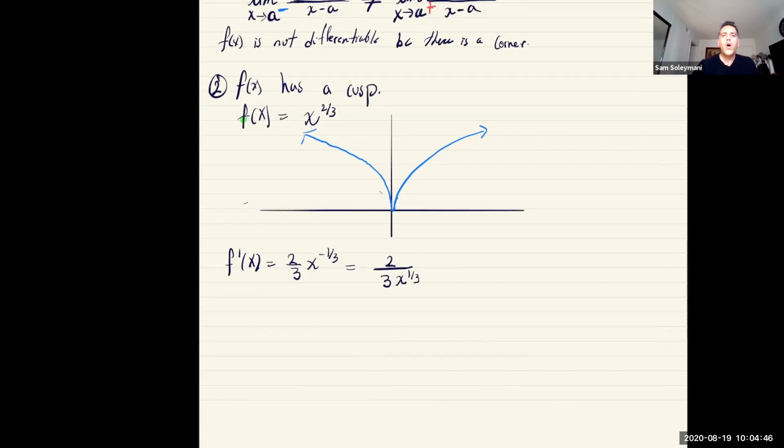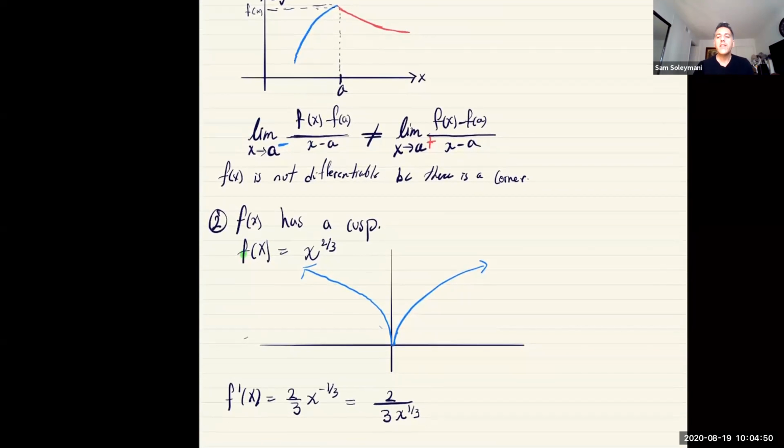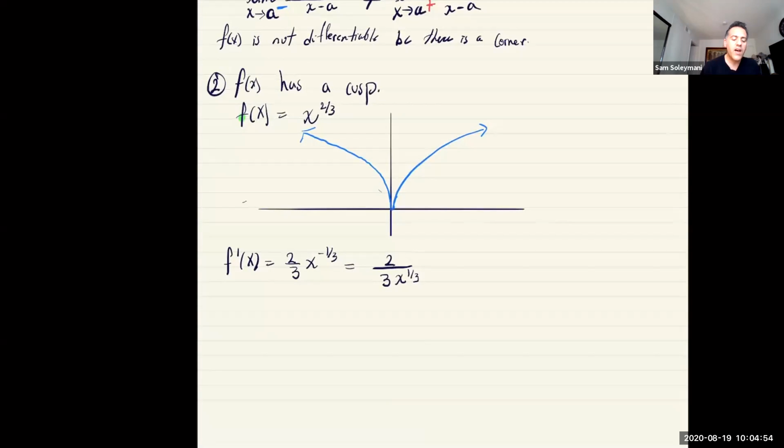So just like before, where we had to find limits, let's find the limit of the derivative. I want to know what's happening at x equal to 0. Things are fishy at x equal to 0.